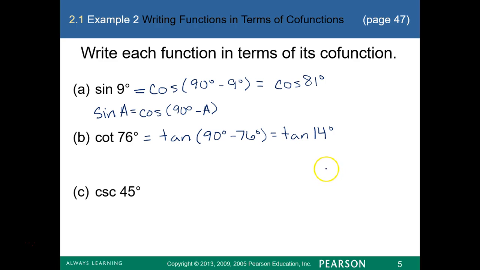That is how it's written in terms of the cofunction. Now for the next one, secant's cofunction is cosecant. Say 90 degrees minus the 45 degrees, and we get cosecant of 45, and we're done. Now let's look at our next example.